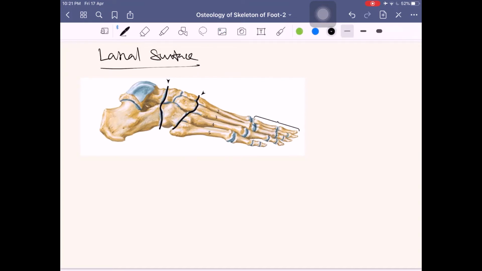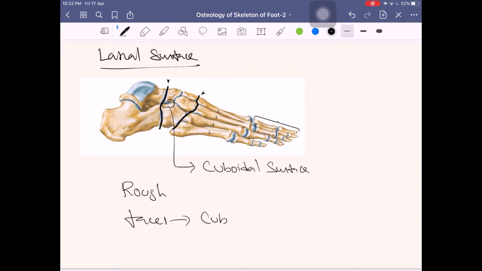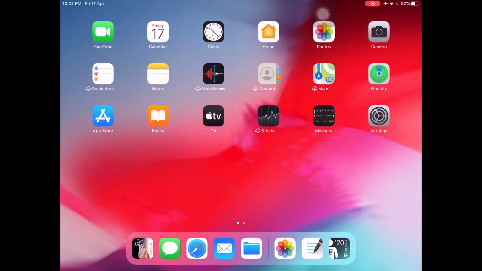Okay, this is the lateral surface, and this is the lateral surface which is coming towards the cuboid. You can also call this surface a cuboidal surface, because it is facing the cuboid, so cuboidal surface or lateral surface. Now this surface is rough and it has an articular facet for the cuboid, thereby forming a joint called the cubonavicular joint.